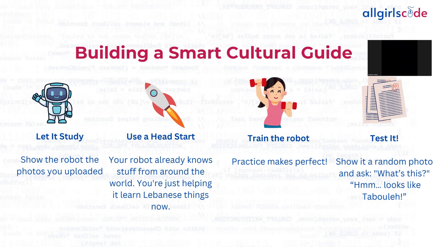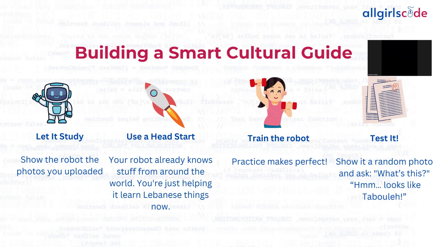Now remember, the robot already knows shapes and colors from millions of general images, so it already has a head start. Now we need to train it. So we need to help it learn the labels and know what each dish is. Finally, to make sure that it has all worked out, we need to test it, and we do so by showing it a random photo and asking the robot, what is this?